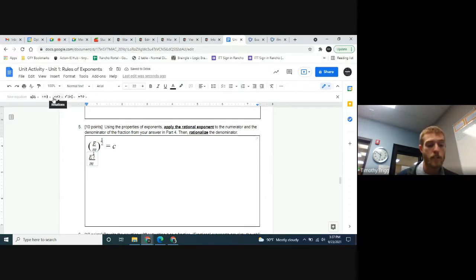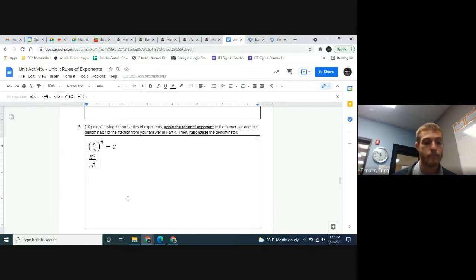So that was shift, press 6, remember, to get the exponent. Use this, 1, press right, over 2. So I've got e to the power of 1/2 over m to the power of 1/2. Press right a couple more times, and that gets us outside of this fraction. And then we'll just write equals c.